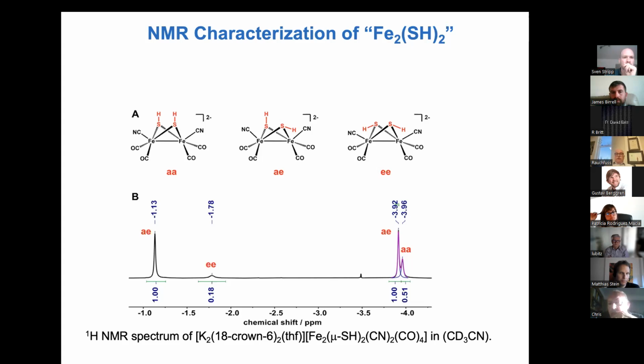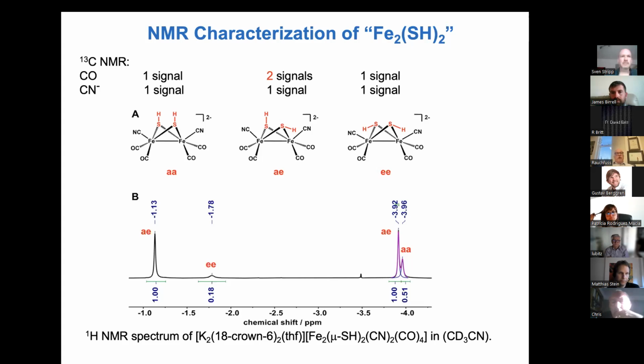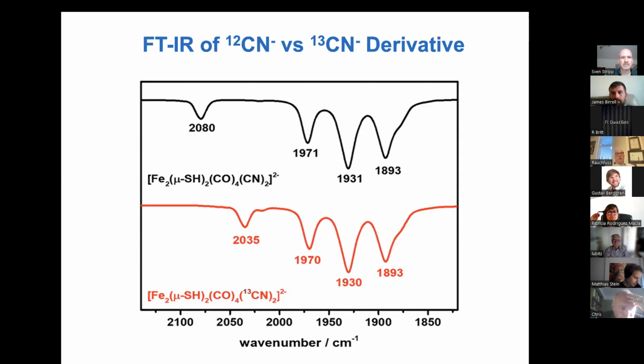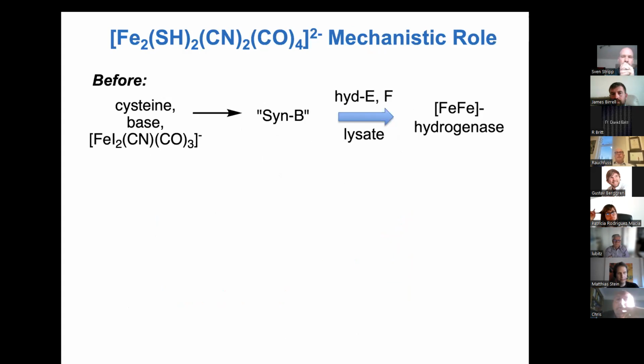The crystal structure is a slightly unusual geometry or isomer, and we can figure out a lot from the carbon and NMR, both with cyanide and CO. I'm not going to drag you all through all that stuff. We can label these things a lot. Iron labeling is a little bit awkward, but the cyanide labeling is straightforward.